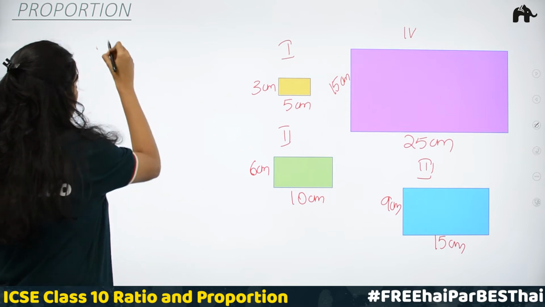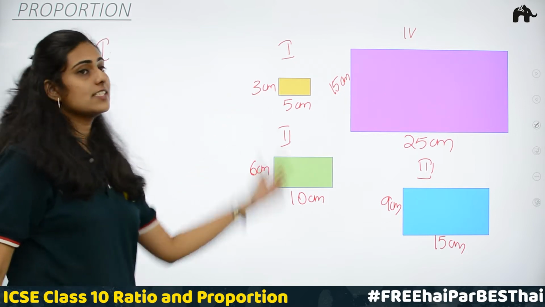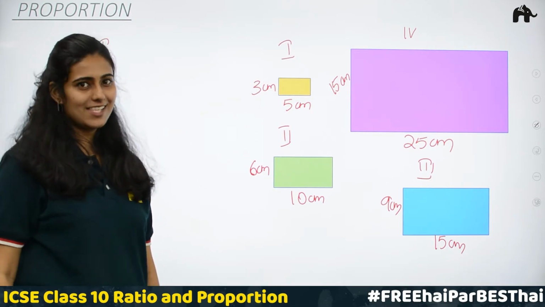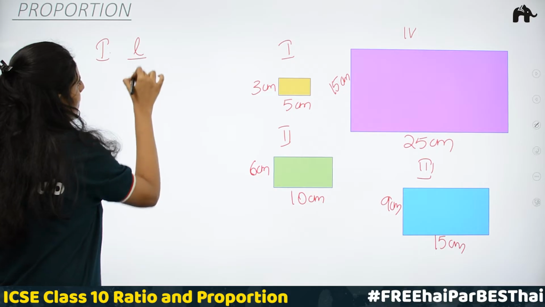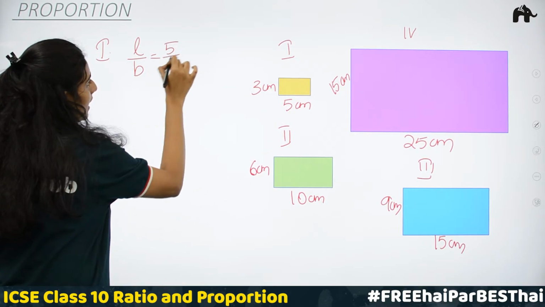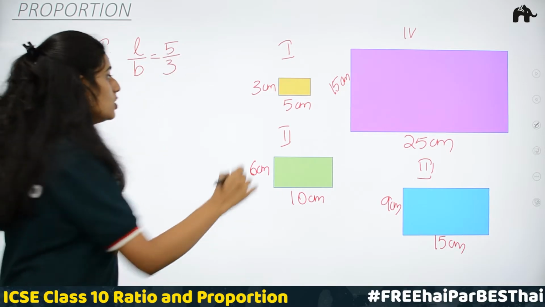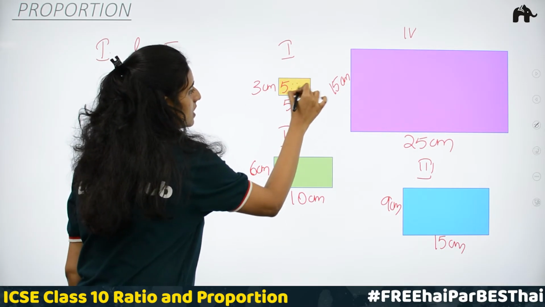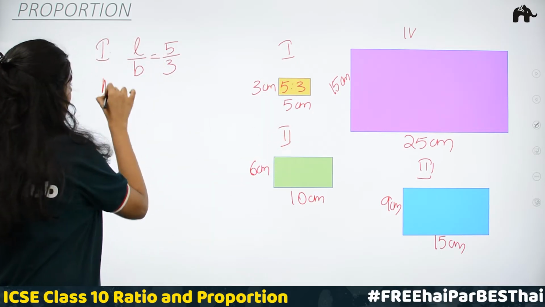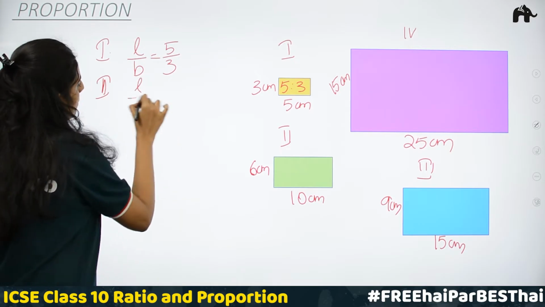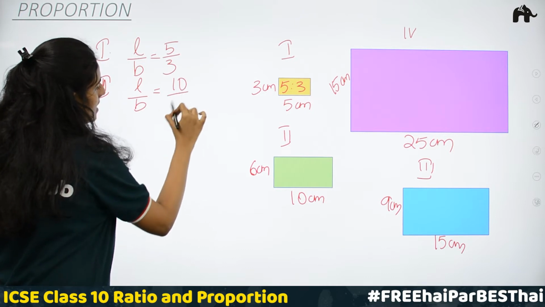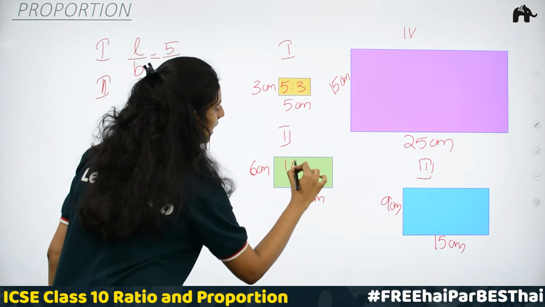Using these lengths and breadths, we are going to understand the idea of proportion. When you take the first rectangle, what is the ratio of length and breadth? We have studied ratio in our previous classes. Length by breadth is 5 divided by 3, and the ratio is expressed as 5:3. For the second rectangle, length by breadth is 10/6, that is 10:6.